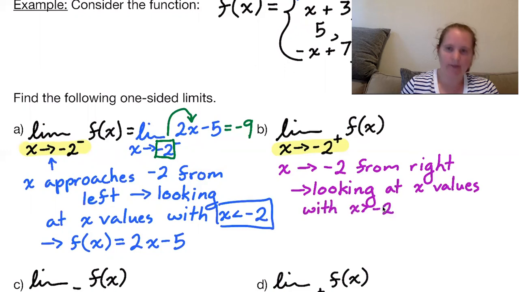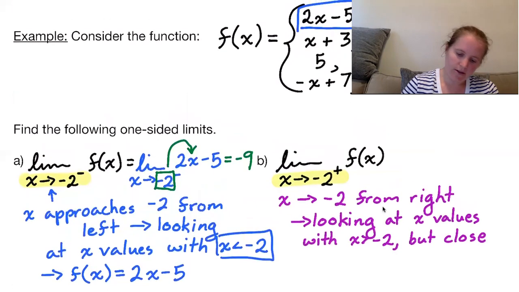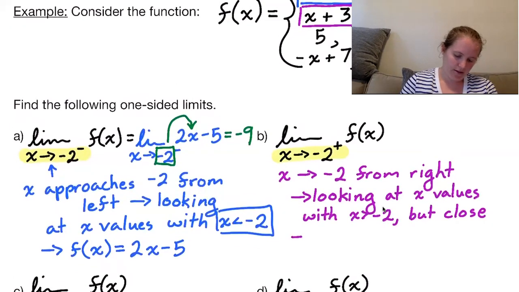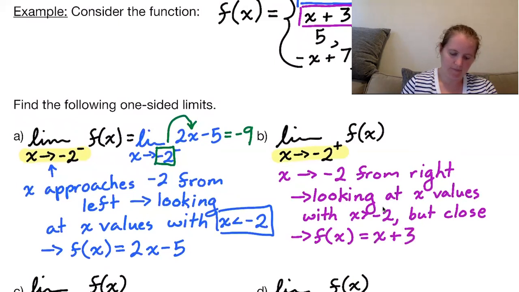So in our piecewise function, that means we are looking at -2 less than or equal to x less than 3. And so in this stretch, f of x is behaving as x plus 3.